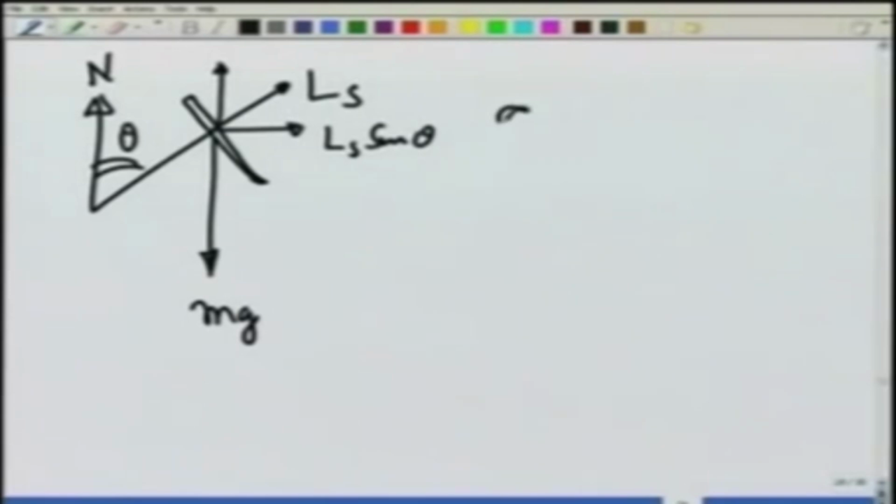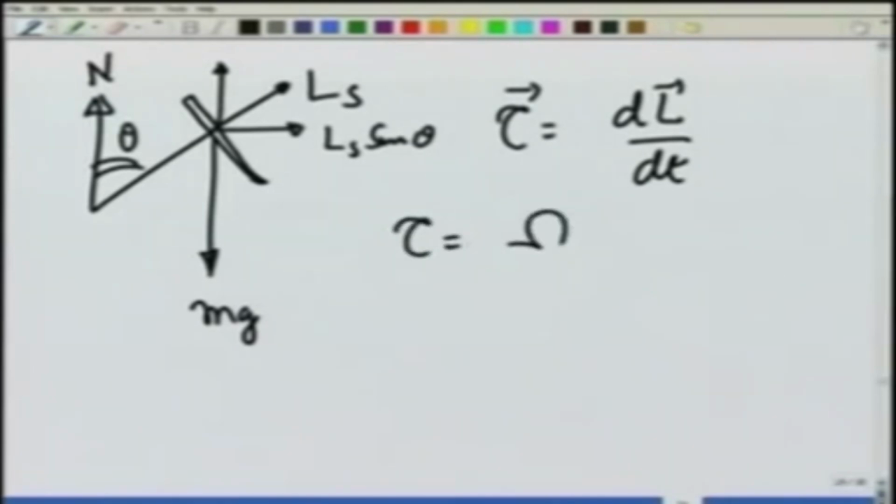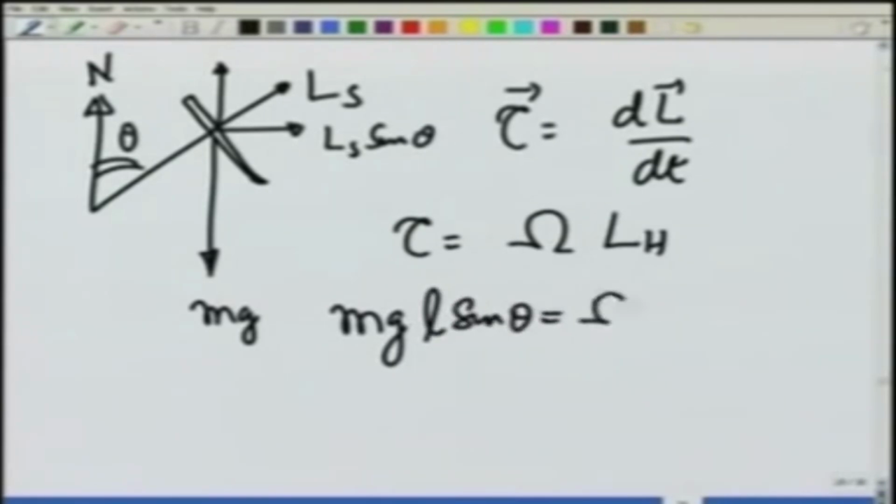So tau should be equal to dL/dt. We have already made sure of the directions by demonstration as well as by working out here. The tau magnitude is going to be equal to capital omega, which is the rate of precession, times L horizontal, and this we calculated to be mg L sin theta, and this should be equal to omega L spin sin theta.